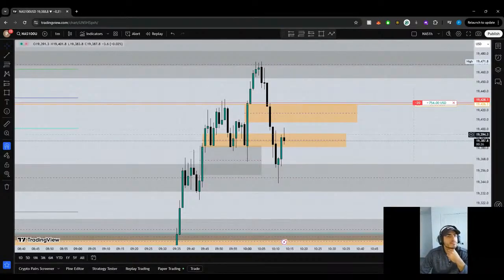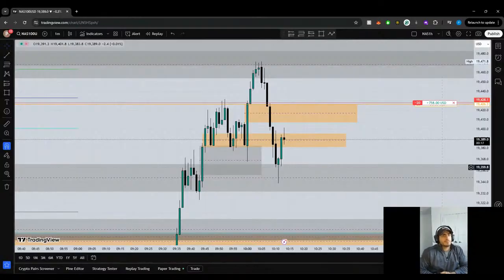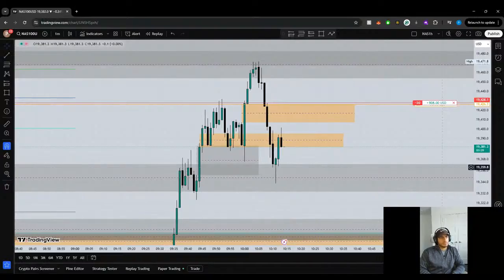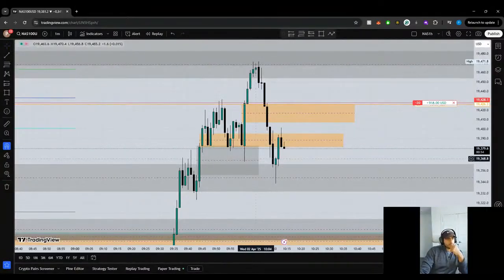Nice. Now we want to see it get heavy right here. Heavy, heavy, heavy to the downside. Come on. Yep. Nice reaction. Real nice.